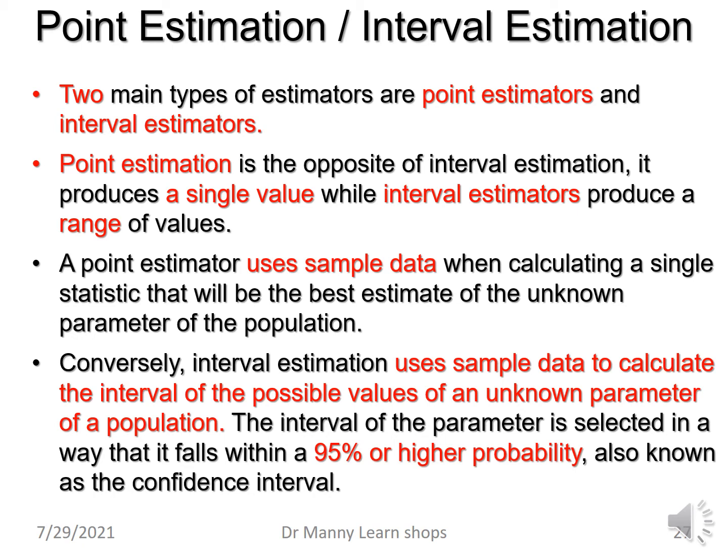Conversely, interval estimation uses sample data to calculate the interval of possible values of an unknown parameter. The interval of the parameter is selected in a way that it falls within a 95% or higher probability, which again is the confidence interval, which we'll be discussing later.